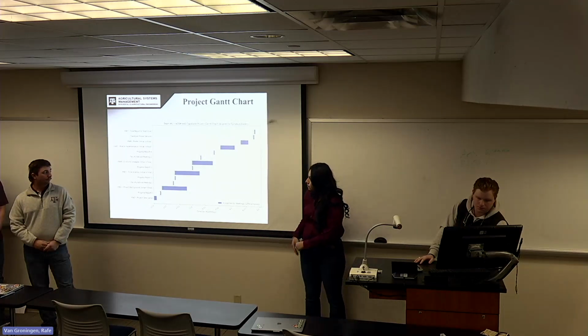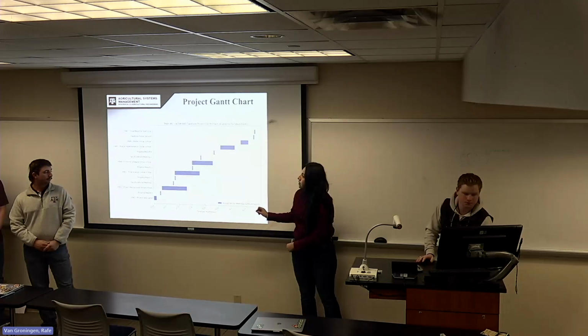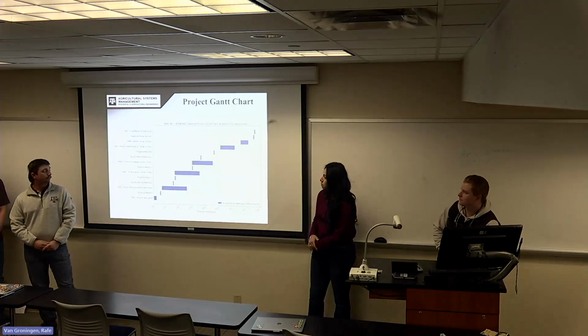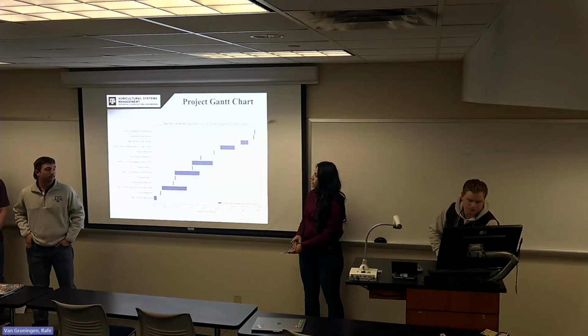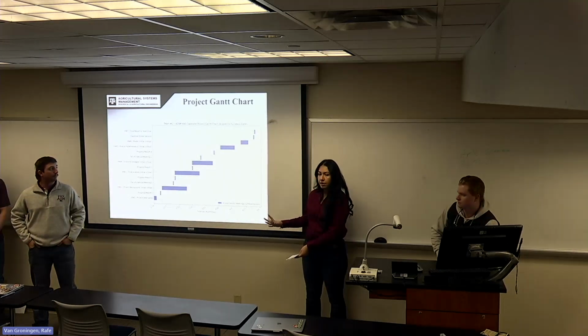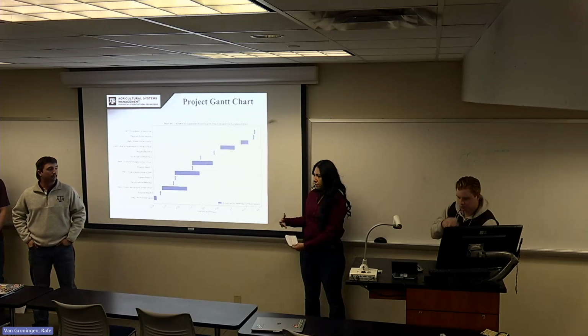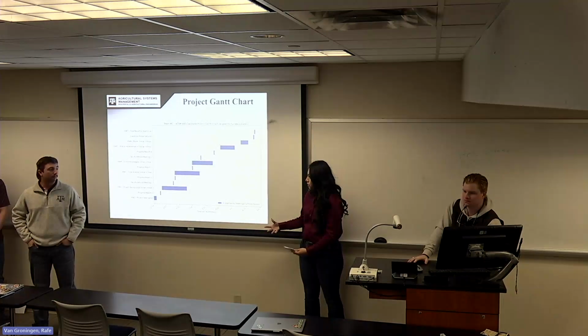And then lastly, we have our capstone poster session. During this, we'll start finishing up our poster presentation and final reports. Again, this project Gantt chart is to help our team, advisor, and our client understand what needs to be done throughout the semester.